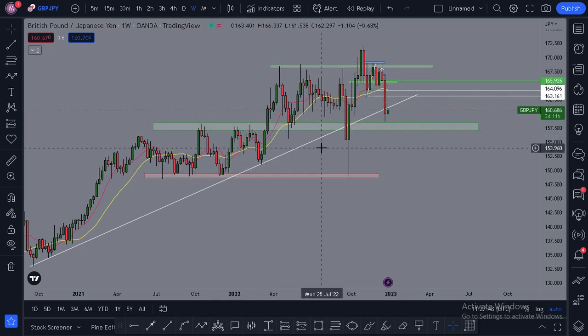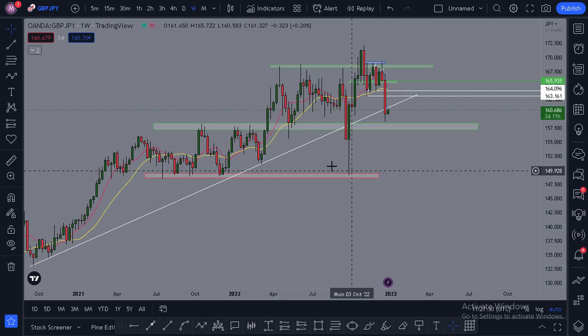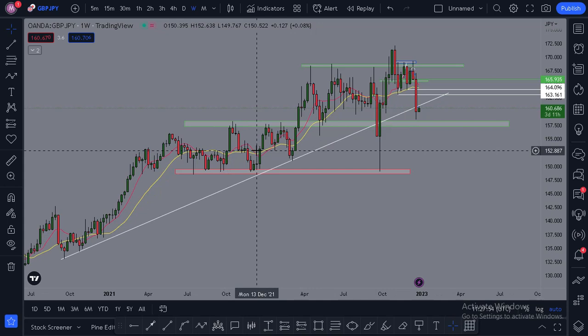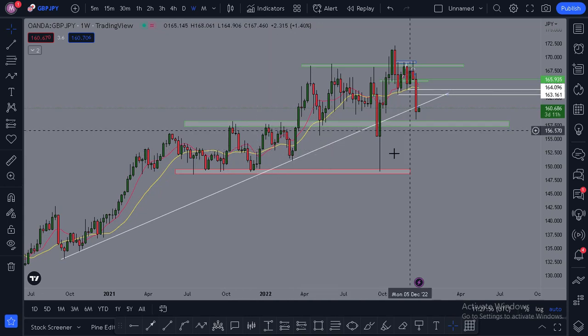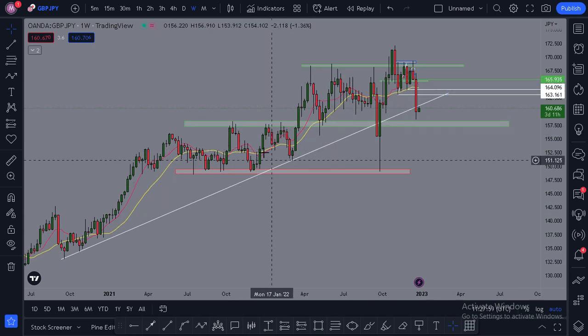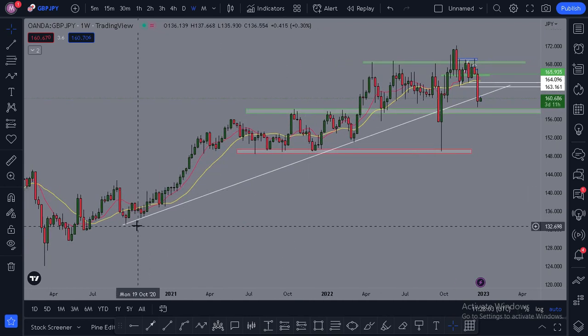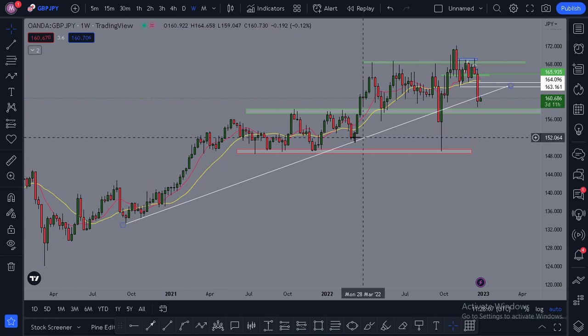I'll try to be fast to make you understand what I'm seeing, and how to identify if the market is trending or ranging. As you can see here, I dragged my trend line from the lowest point to the highest point.